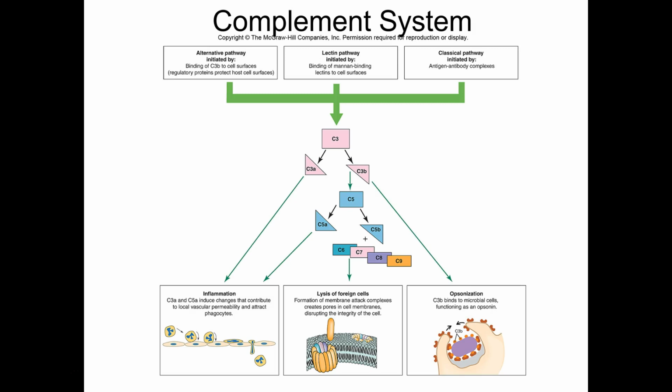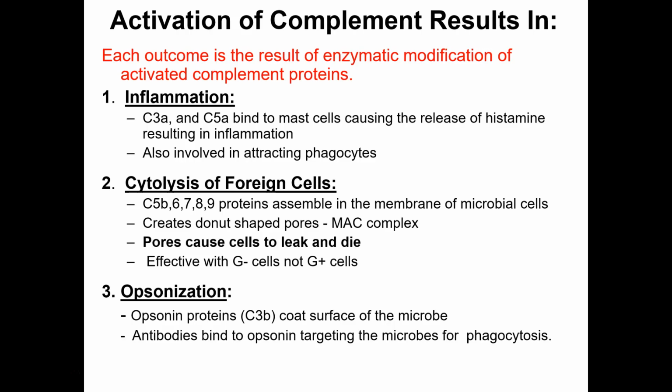So C3a can trigger inflammation. C5 breaks down into a number of subunits, like C6 through C9. They're involved in what's called cytolysis. And then C3b goes off and is involved in what's called opsonization, which we mentioned earlier. So it's made up of a bunch of smaller subunits that perform three major roles.